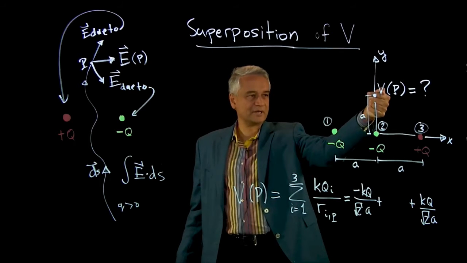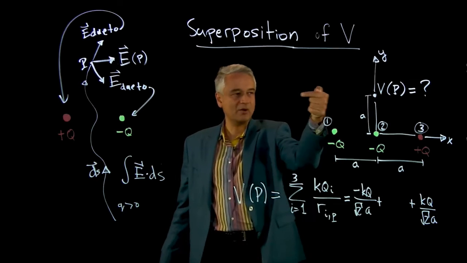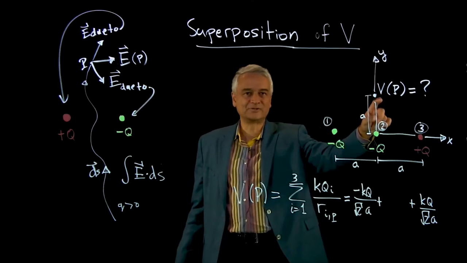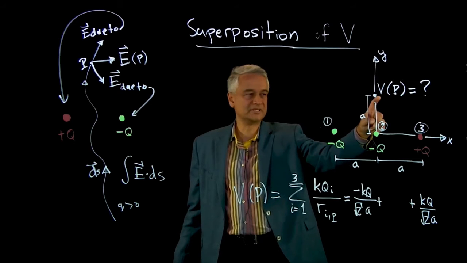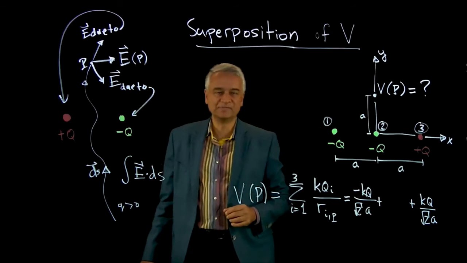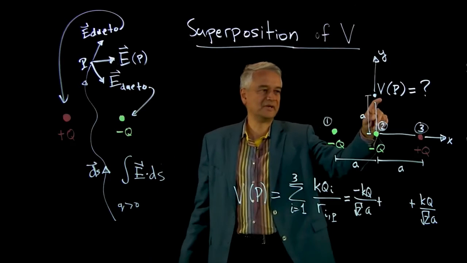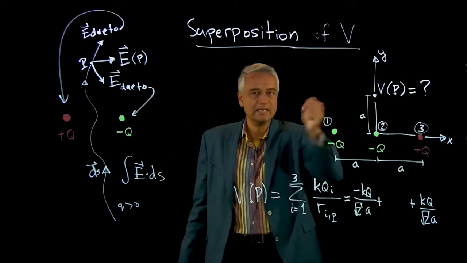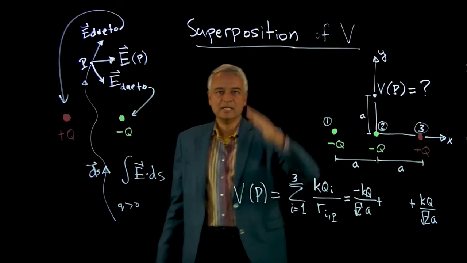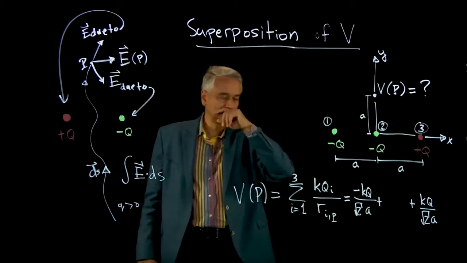The net force on it is going to be in this direction. It will not stand still, which is to say that there is an electric field here, even though the potential is 0. And this electric field must be related to the slope of the potential, because the electric field is telling the charge to go this way, and the fact that the charge is going this way must be related to a potential being sloped.